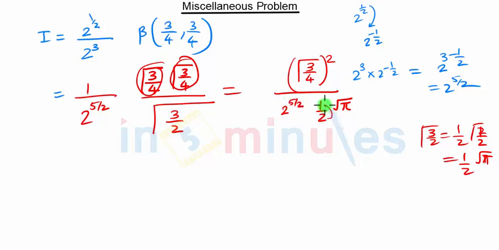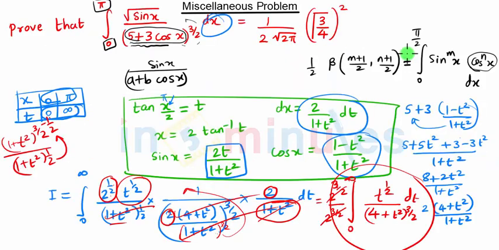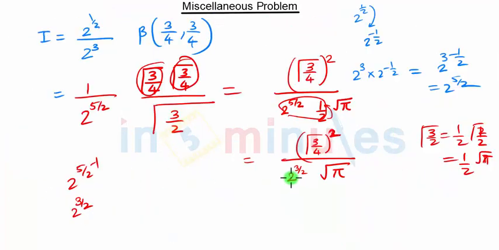This 2, when it goes in the numerator, will become 2 raised to minus 1. So 2 raised to 5 by 2 minus 1 is nothing but 2 raised to 3 by 2. So these two terms will combine and it will be 2 raised to 3 by 2 root pi. But if you see in our question, we need 2 root 2 pi. So we will take one 2 outside. So we get gamma of 3 by 4 the whole square.